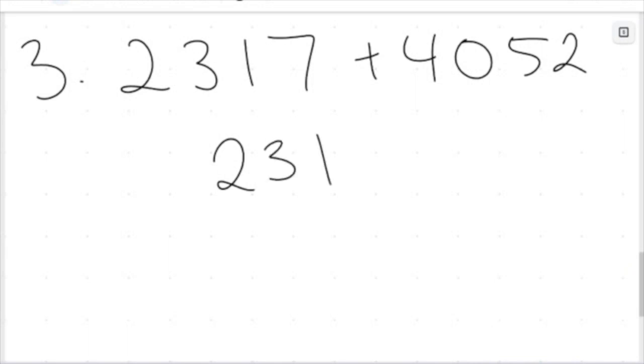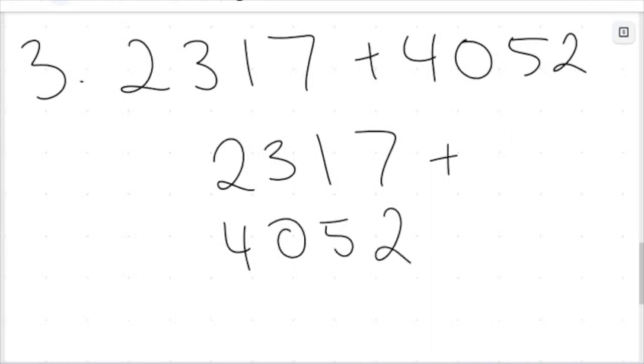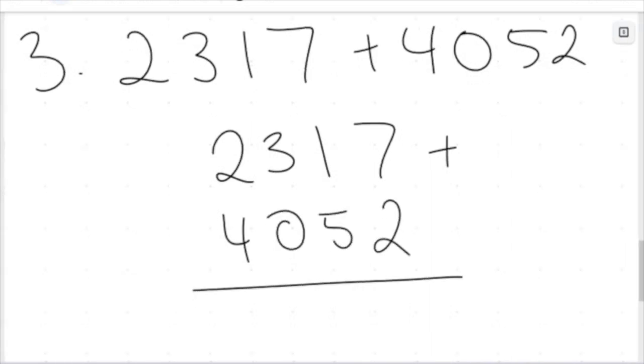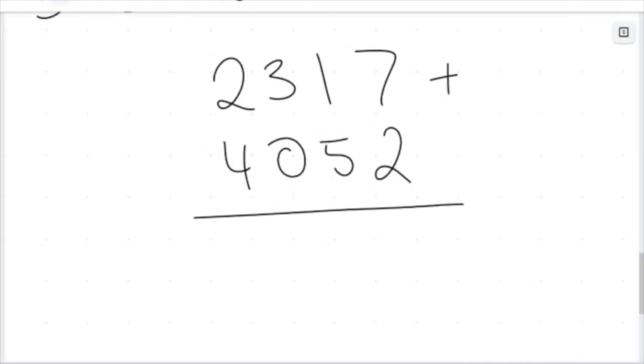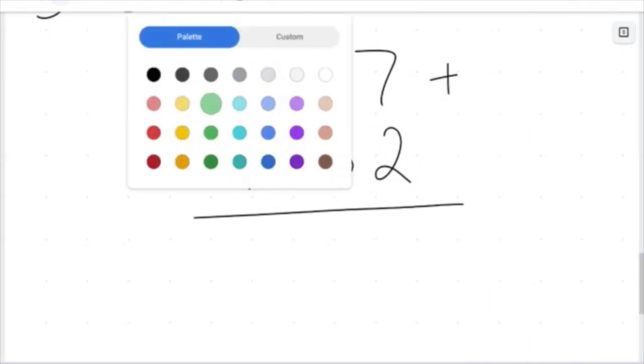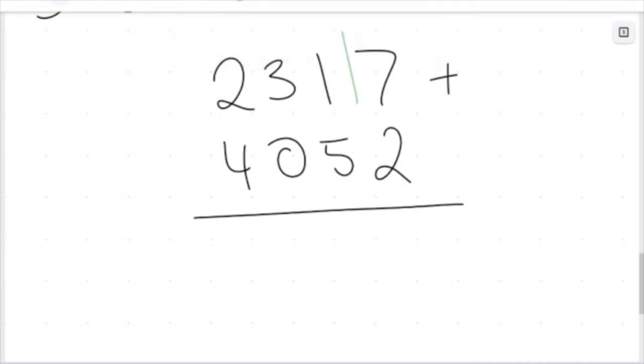But if I write this in like this, horizontally, that's always going to be my first step. Vertically, it's always easier to write it vertically because we can separate our ones, our tens, our hundreds, and our thousands in this case.